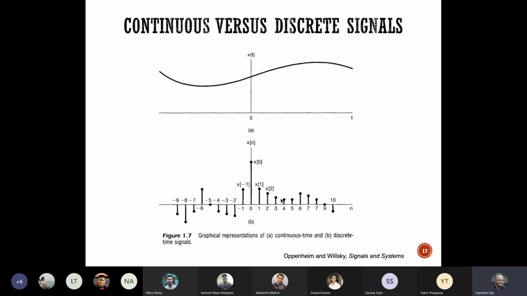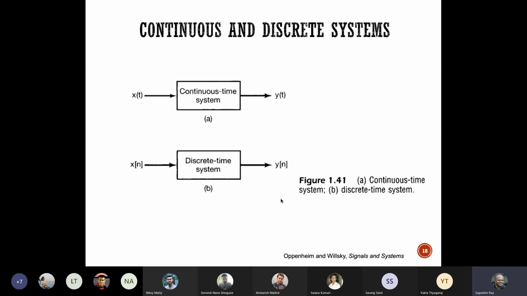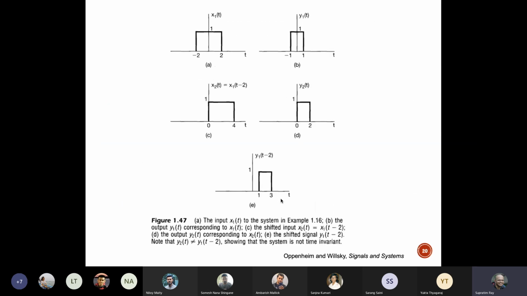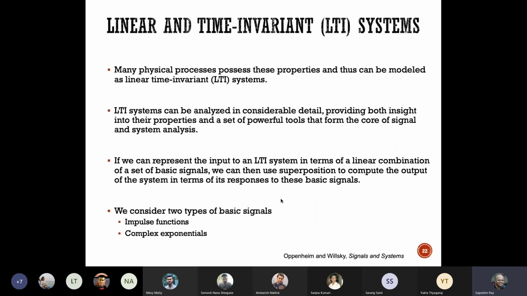So in the last two classes, we have looked at continuous and discrete systems, and in particular, a time invariant and linear system, LTI, which have nice properties which allow them to be analyzed properly.